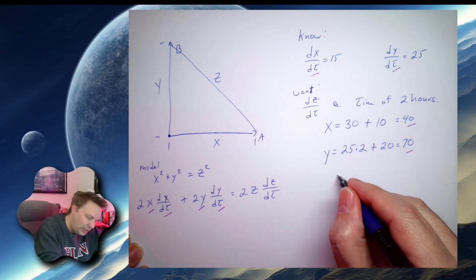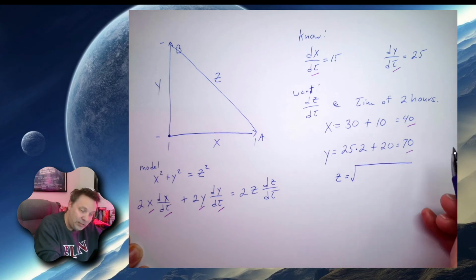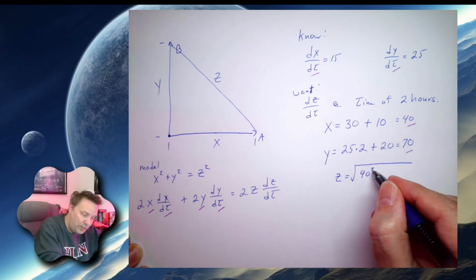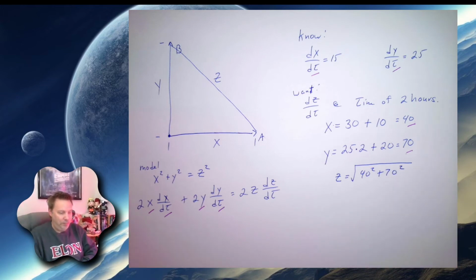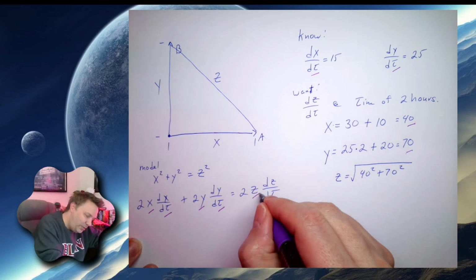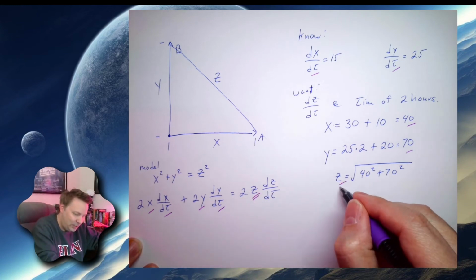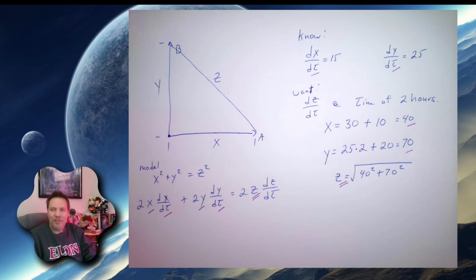So really quickly, I know that z is equal to the square root of 40 squared plus 70 squared. So I do know this. And now I just have to plug stuff in. So let's try that.